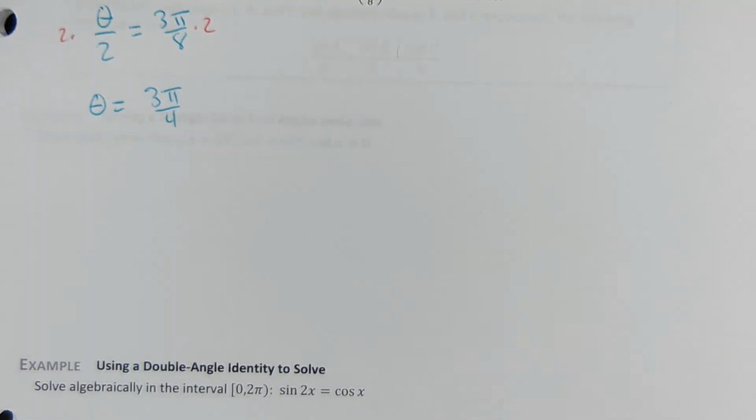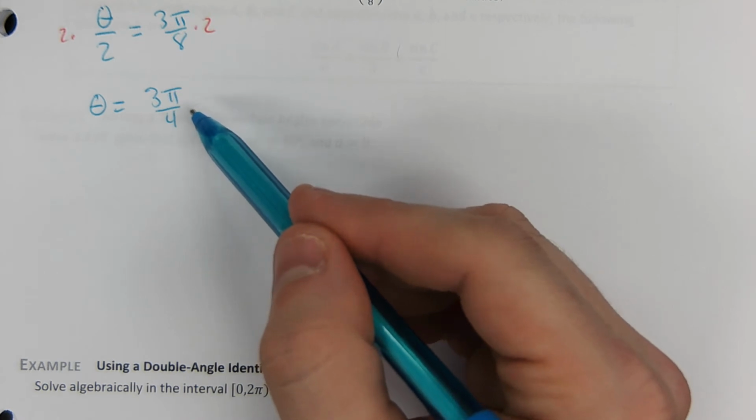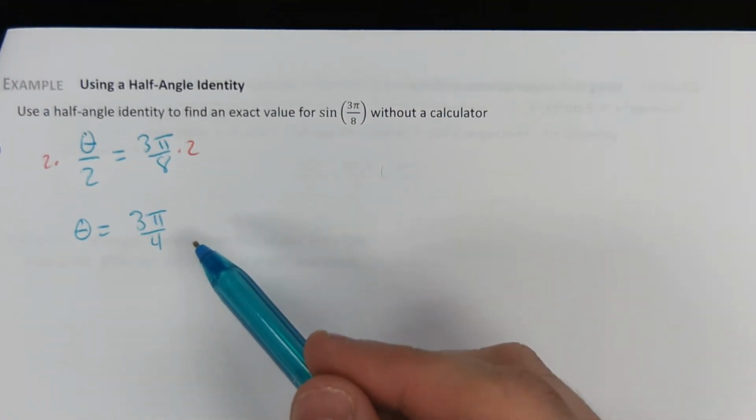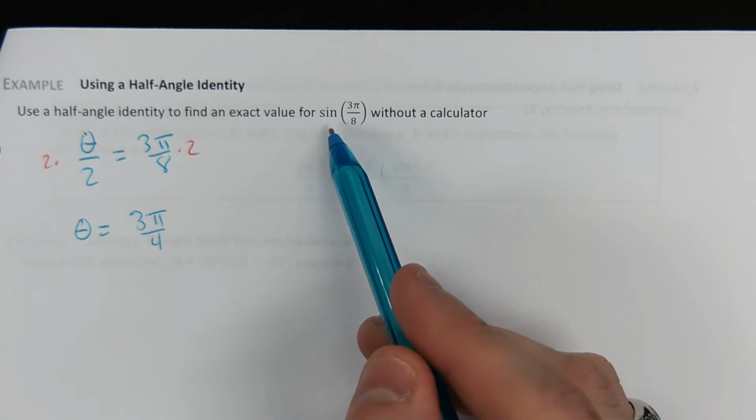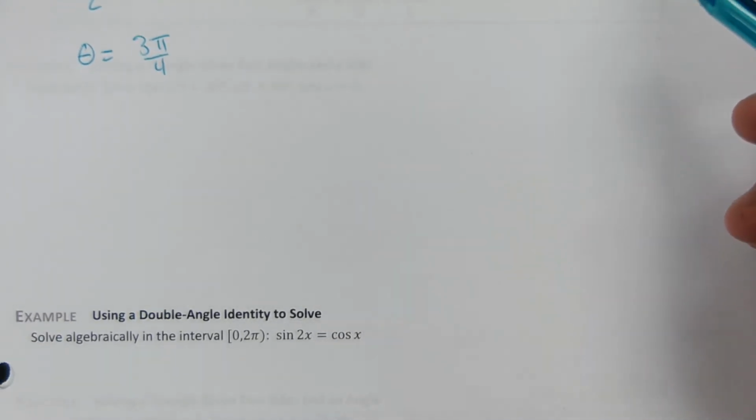Before I jump into the formula though, remember what I told you? You're not going to get a positive and negative answer. You're going to get a positive or a negative answer. So what you do is you ask yourself, where am I? And would this be positive or negative for the kind of trig that I'm working with? 3 pi over 4.